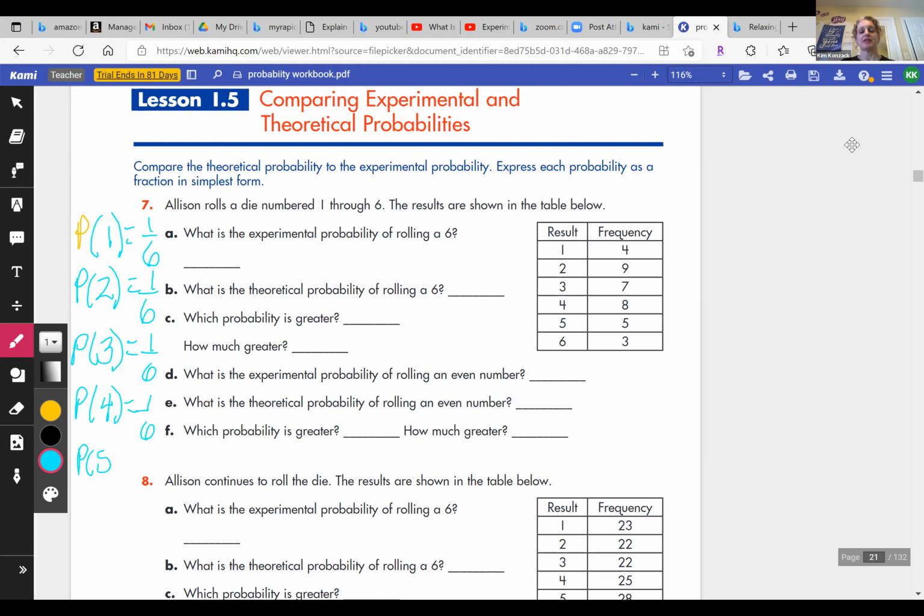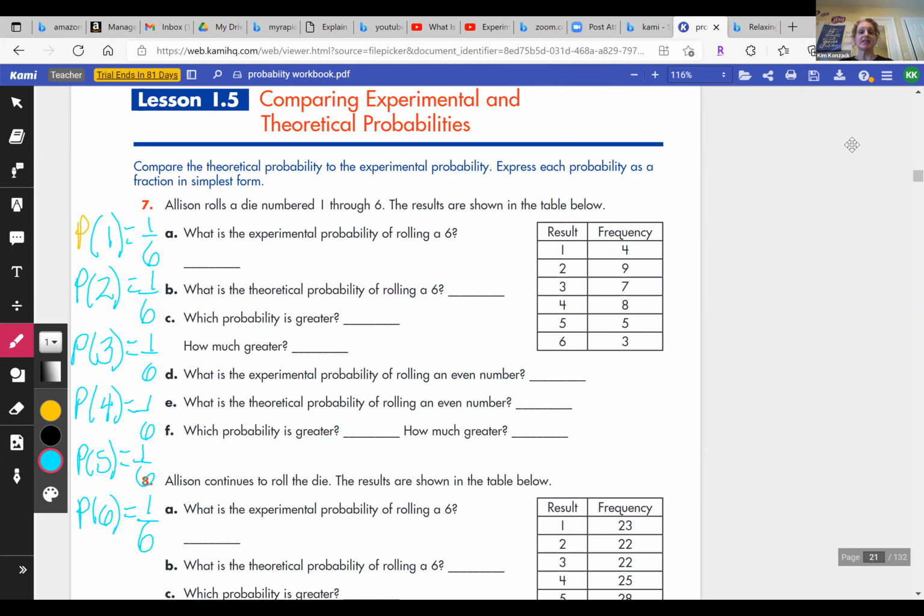The probability of 5 is 1/6. And the probability of 6 is 1/6. Correct? That is our theoretical probability, what we, in theory, think should happen. So what is the experimental probability of rolling a 6?